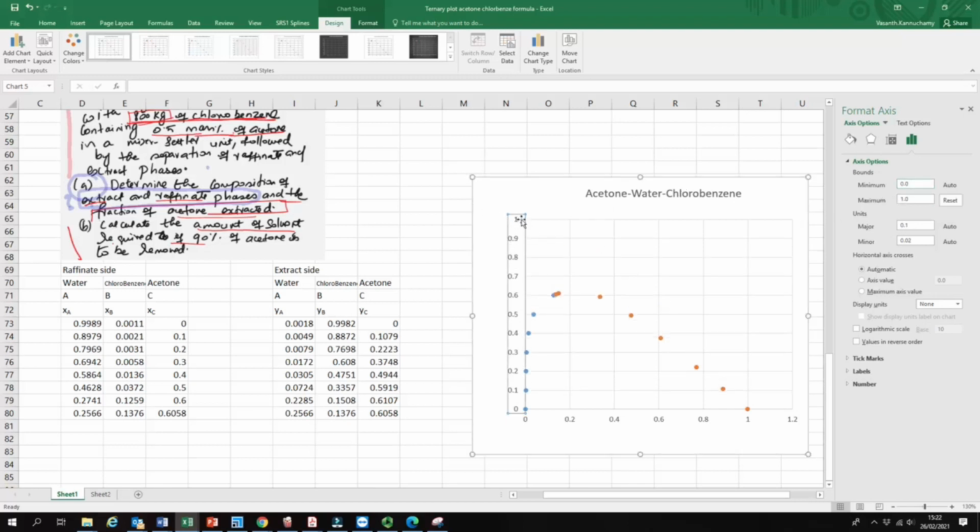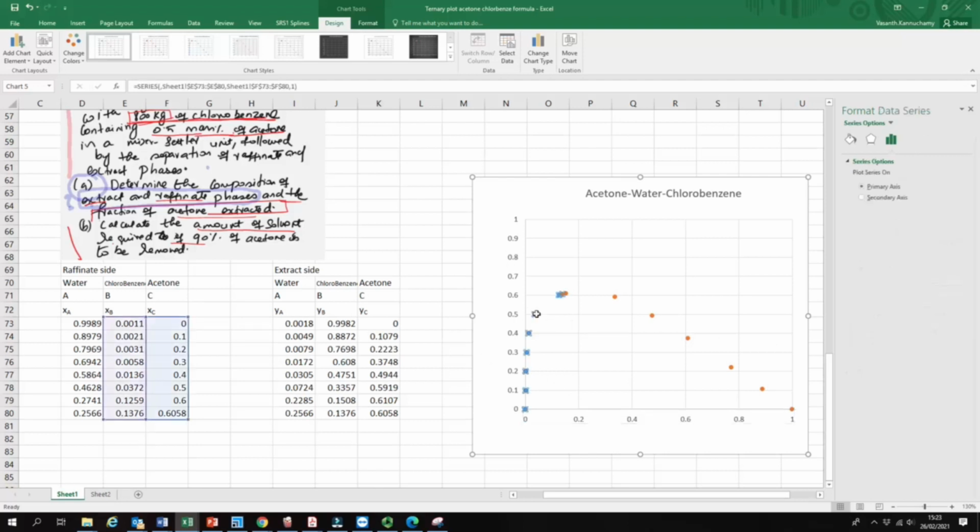So 1 corresponds to 100% of your solute. On the top you have 1, on the right-hand side you have 1.0. Let's keep it like that. What we are going to do is draw the phase separation line on this 2D chart. So we have the x-axis and y-axis.